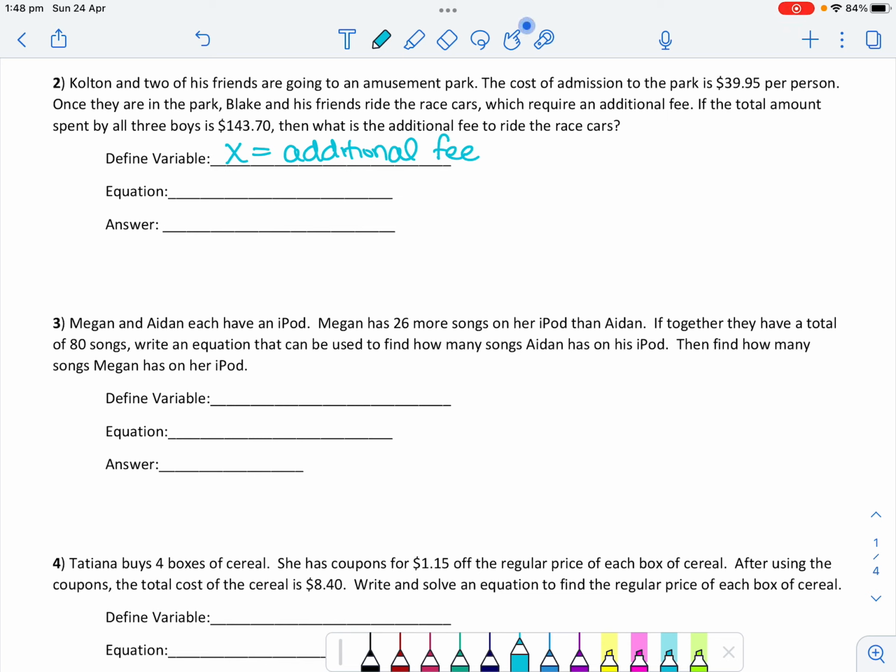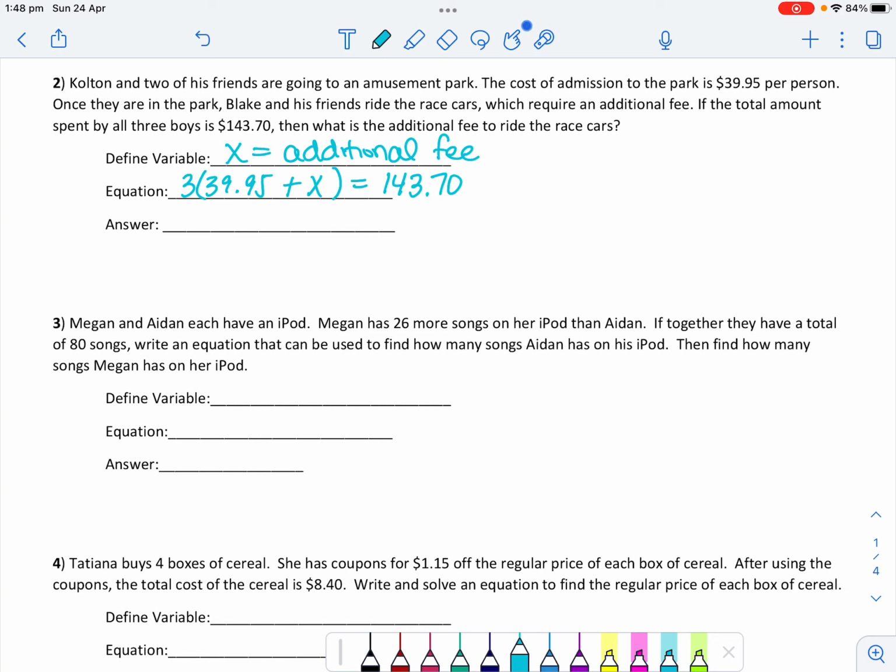So I'm going to do 3 times 39.95 plus x is equal to 143.70. Because all 3 boys have to pay admission to the park.